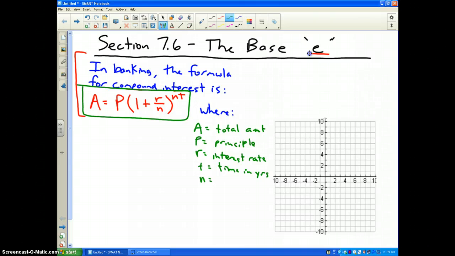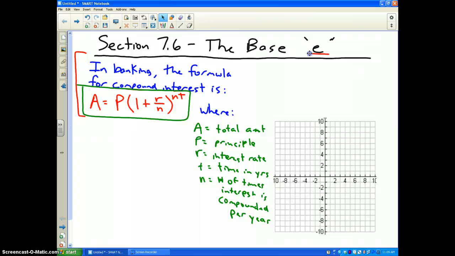And N is the number of times the interest is compounded per year. That is a formula that, for a lot of you, when you get into banking or when you have your own finances, you're going to be dealing with.